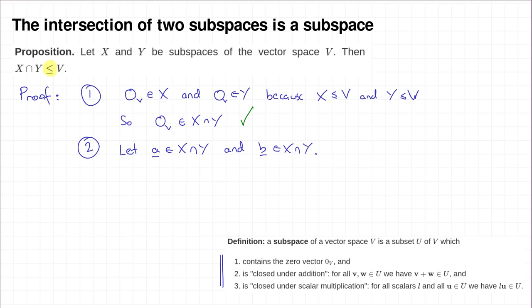Well, we know, for example, A and B, they're both elements of X. If they're in X intersect Y, then they're certainly in X. So, because X is a subspace, it's closed under addition. And that means A plus B is in X again. Okay, but the exact same argument shows that A plus B is in Y.